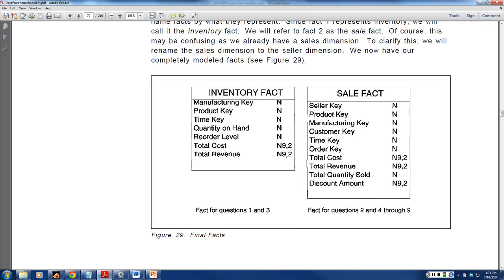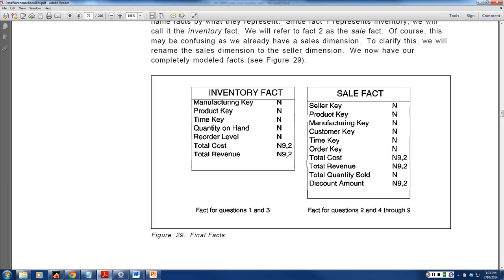Inventory fact, I think this is correct, except if I have to create an inventory fact, I would not use total cost and total revenue, because total cost and total revenue is part of sales fact. So I will use reorder level and quantity on hand as the numbers to be measured, and the rest are default foreign keys from other tables.